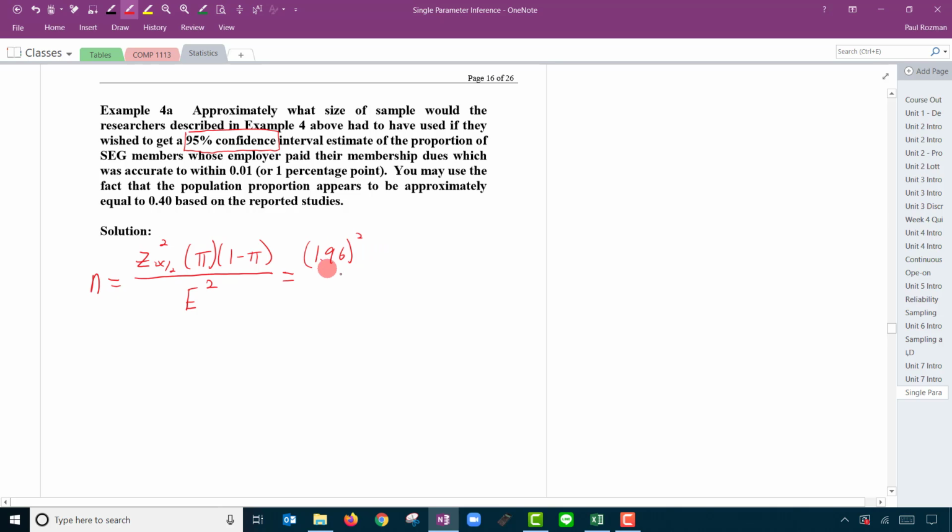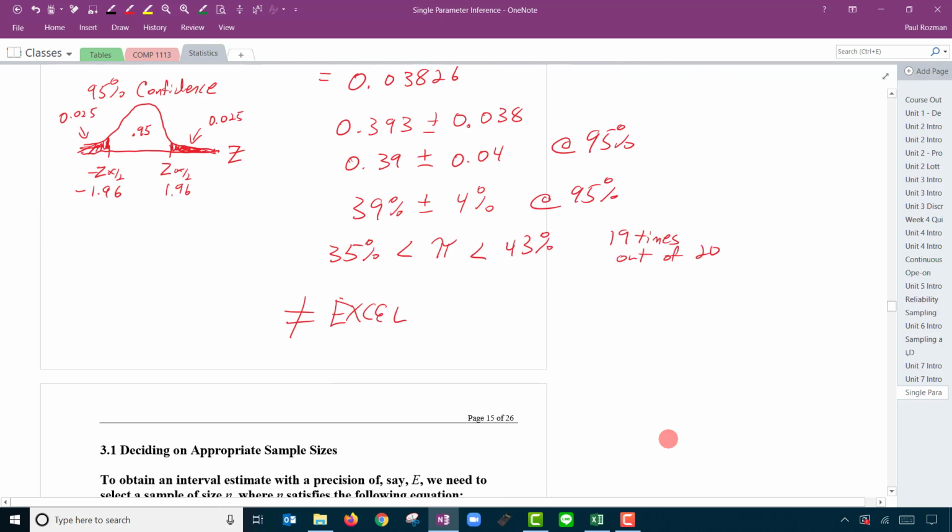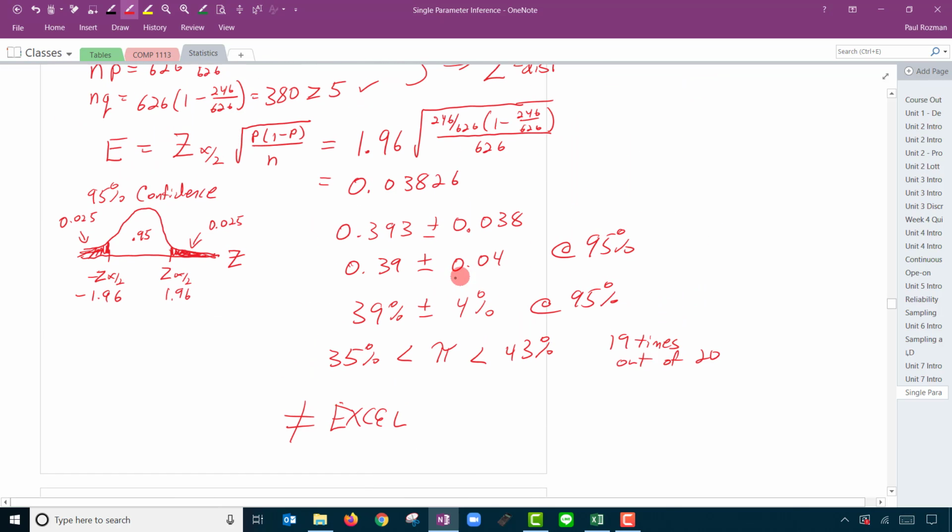And now let's see, what degree of error do we want? It says, suppose you want to estimate the proportion of members whose employer pays their membership dues, and we want to be within 0.01 or within 1%. In the previous example, when we did it, our error was 4% or 3.8%.